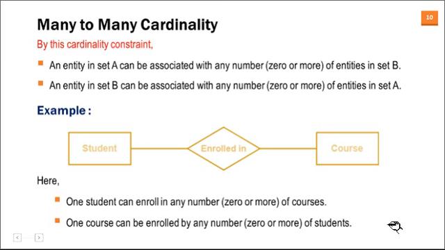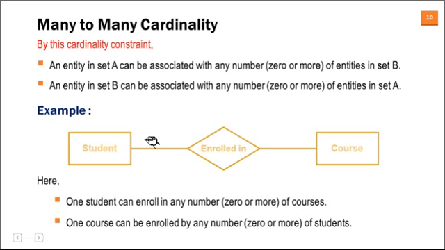One student can enroll for many courses, and many courses can be enrolled by any number of students. It means there is no constraint between the student entity set and the course entity set. A student can take more than one course, and a course can be taken by more than one student. This is shown by a many-to-many relationship.